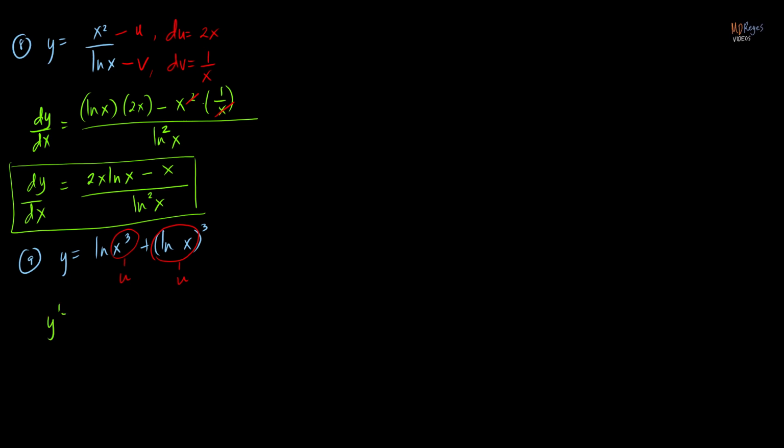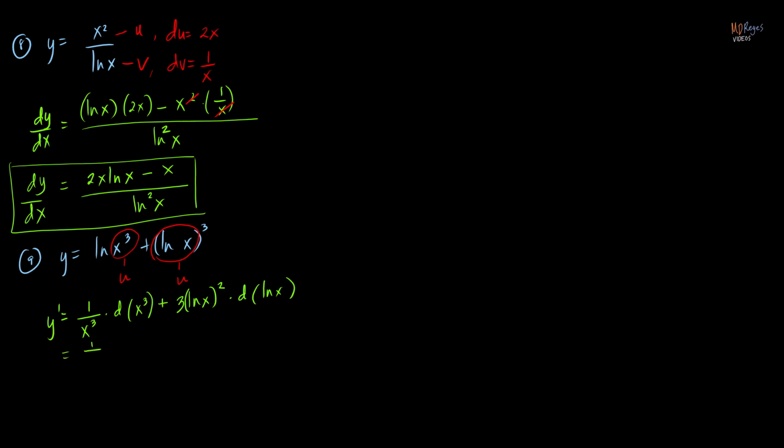So y prime, using the formula for the derivative of ln of u, is 1 over u times du, the derivative of x cubed. In the second term, we use the general power rule. So we bring down the exponent, we copy the base, so the base is ln of x, and we subtract 1 from the exponent. From the exponent 3, subtracting 1, we get 2, times the derivative of the base. Don't forget that.